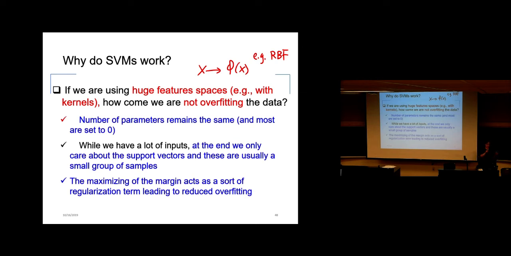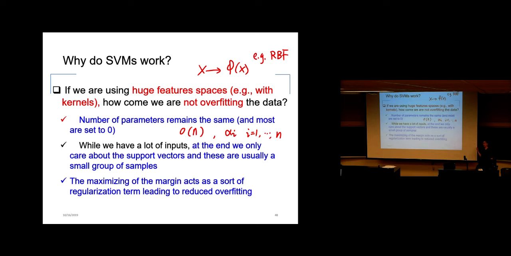So let's come back to what I just covered. How many parameters are in the dual form of SVM? We did the comparison. It's N. So it's fixed at N, right? It's not about the feature space size at all.